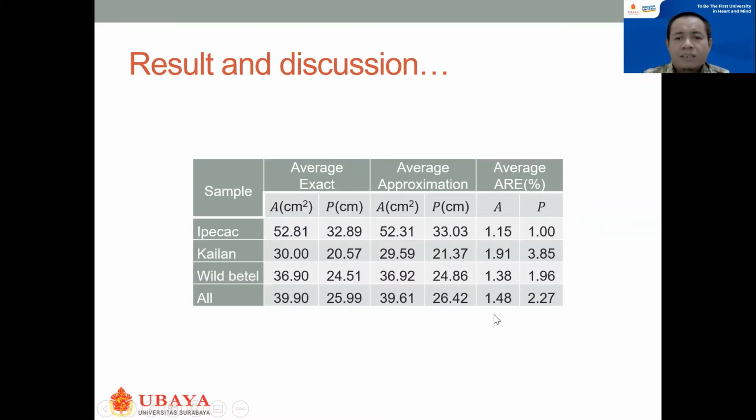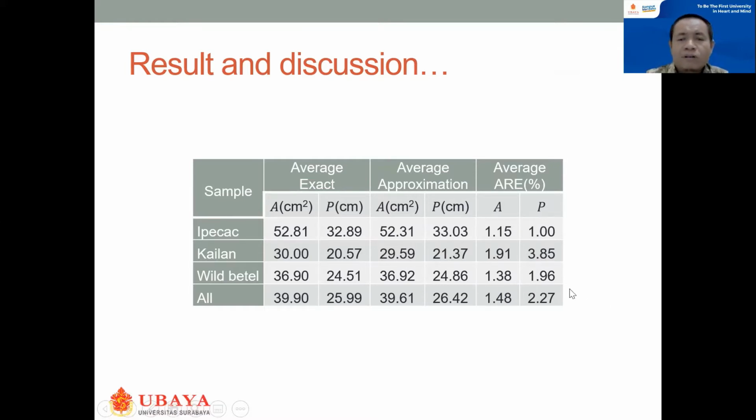In total, the average of the absolute relative error is 1.48% for area. And for perimeter, this is the absolute relative error for all samples. The average error for perimeter is 2.27%. So very small error.